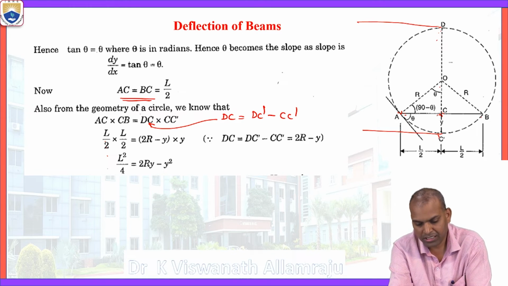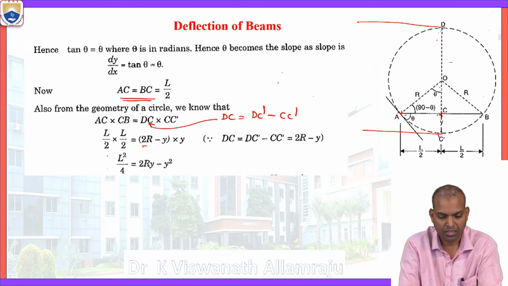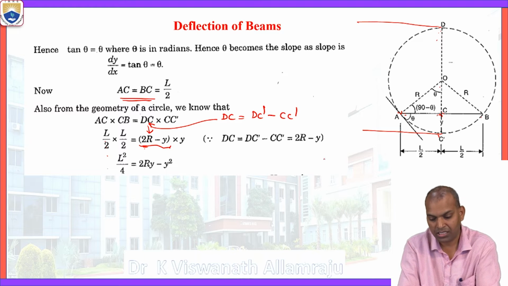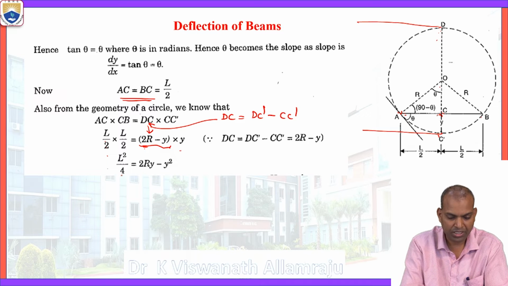What is DC dash? DC dash means 2R, that is 2 times R. CC dash means Y, the quantity Y. So DC is 2R minus Y. Now after simplification, L square by 4 equals Y times (2R minus Y).